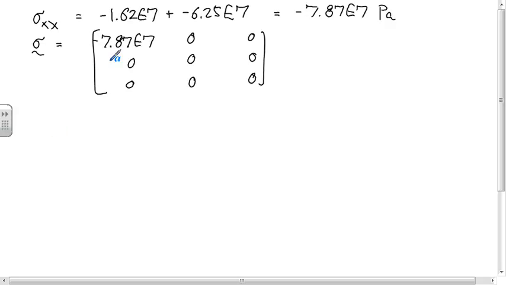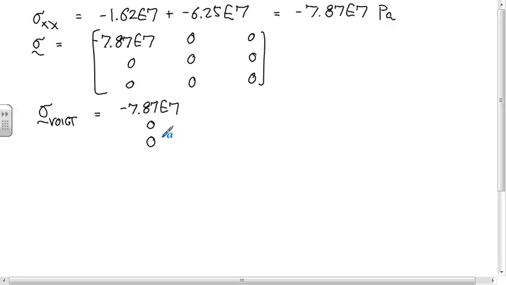So to calculate the strains, the Voigt form of this stress is negative 7.87 times 10 to the 7th, and then 0, 0. And then the next one, but not that 0, the other 0, remember?